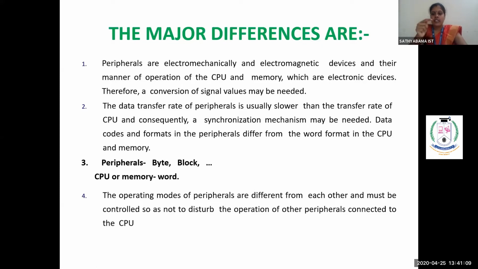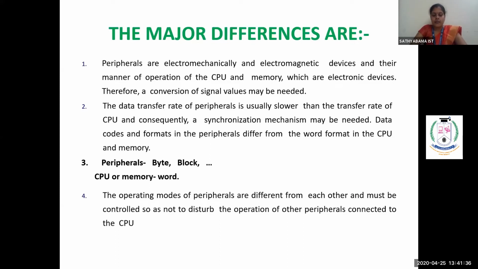The second difference: the data transfer rate of peripherals is usually slow compared to the CPU. The CPU will be fast, so in that case also you are not able to transfer the data from peripheral to CPU. So you need a communication line, the input-output interface.